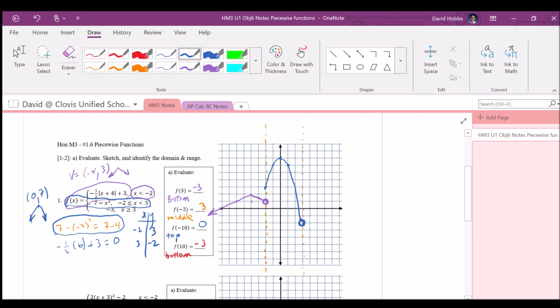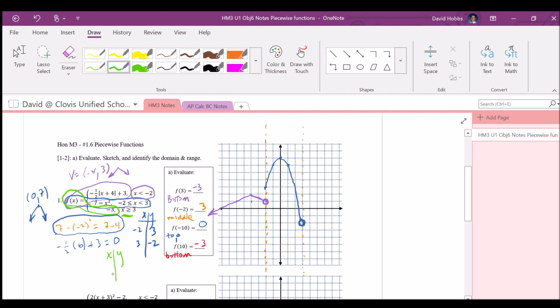Okay, so the left-hand piece and the middle piece did not connect on this one. Sometimes they connect, sometimes they don't connect. Finally, the last piece here, we've got f of x equals negative 3. So y equals negative 3. That's a horizontal line. Y equals negative 3. Okay, and it's for the domain values of 3 and to the right forever.